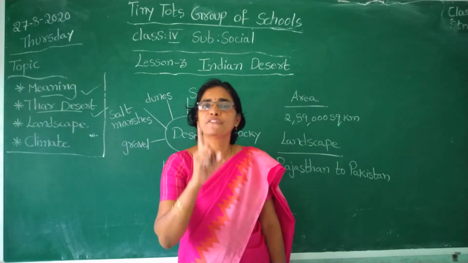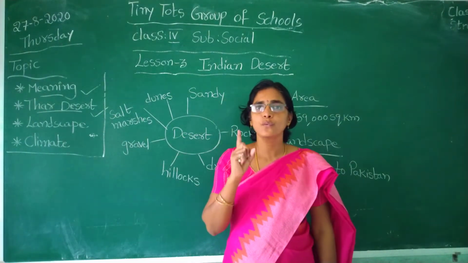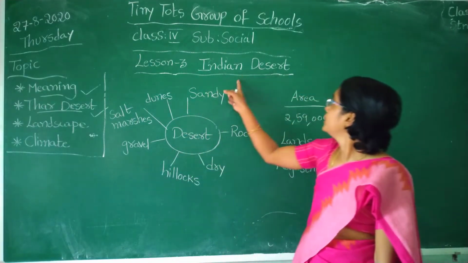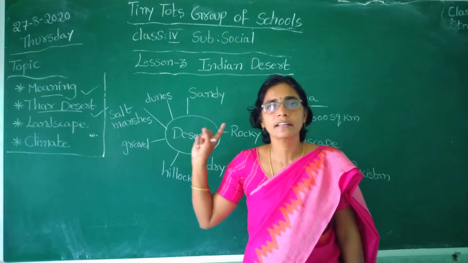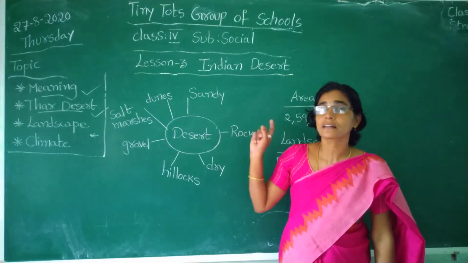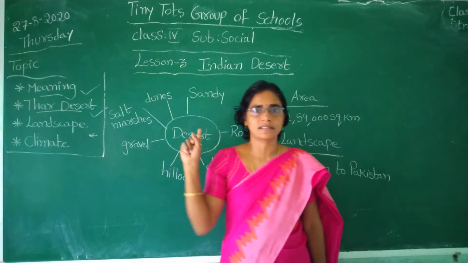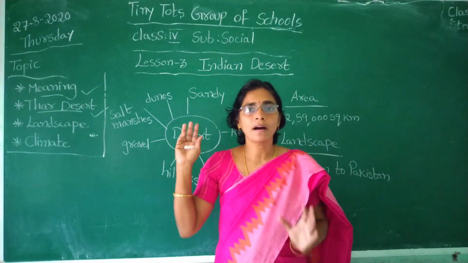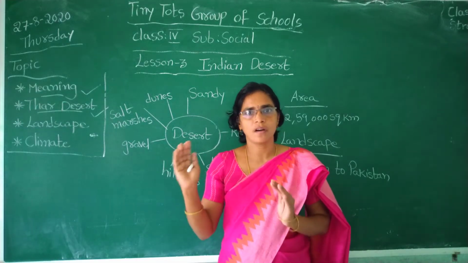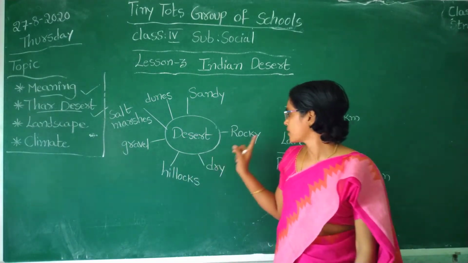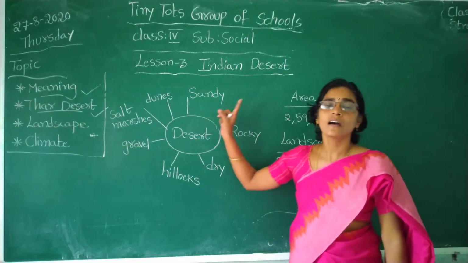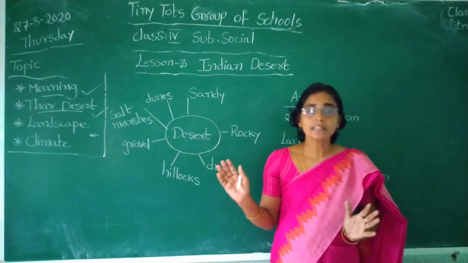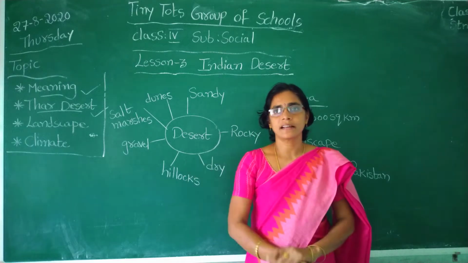We have only one desert in India. That is called the Indian desert, the Great Indian Desert, and it has another name, that is Thar desert. The Thar desert is partly rocky and partly sandy.